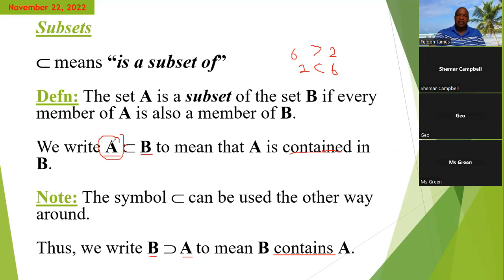So A would be a subset of B because you would form the set A from B, or it's a set A that comes out of B, right? So when you turn the symbol this way, the curve end is saying that A is a subset of B. When you turn the symbol this way, you're saying that B contains the subset A. You following what I'm saying now, Ms. Green?